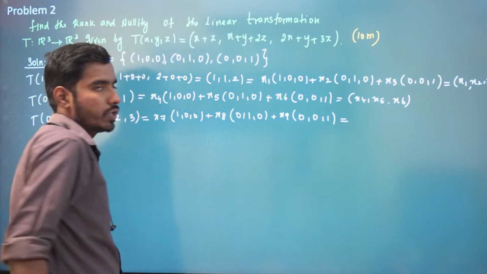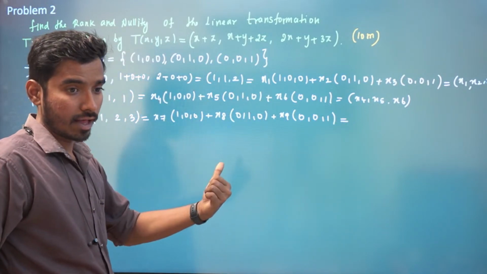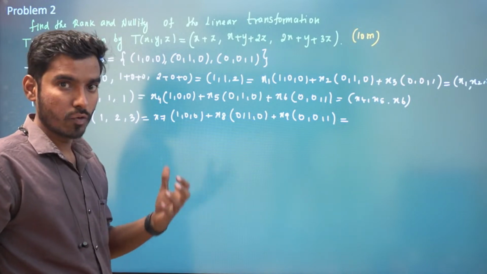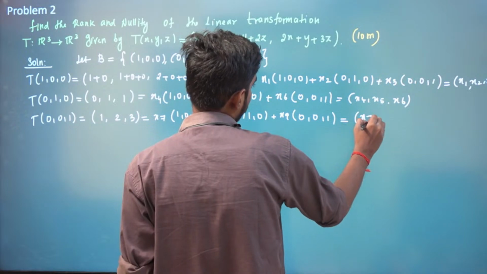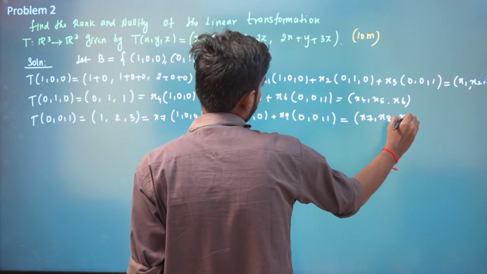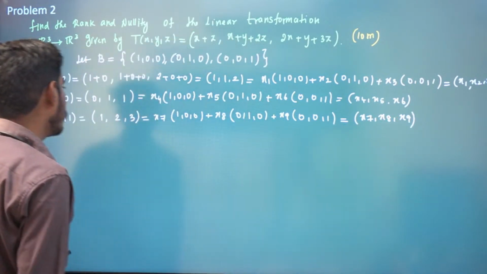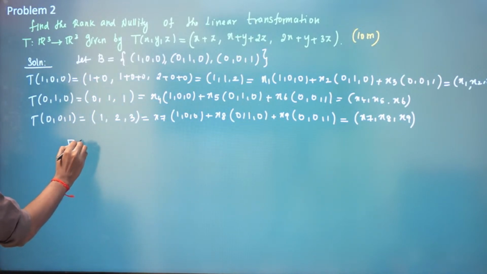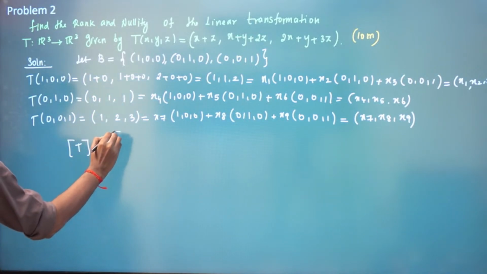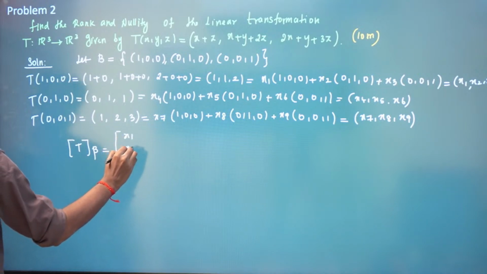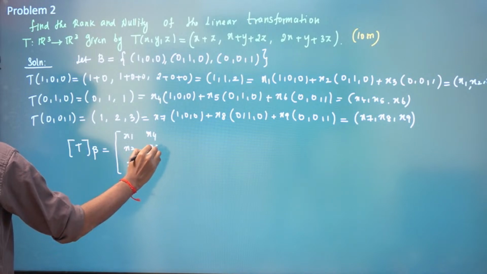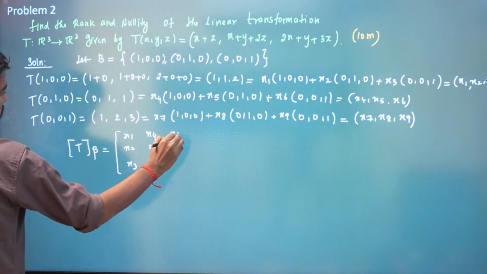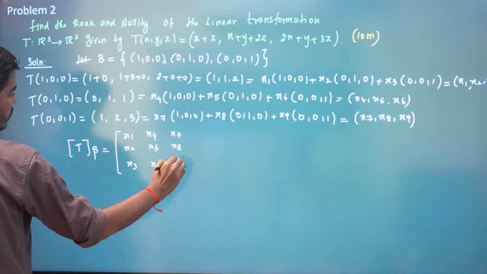So I strongly recommend you to watch the 2024 solution and then the 2023 solutions, because in 2024 I have explained this very deeply. So this turns out to be some x7, x8, x9. So the matrix of T with respect to the basis is given by the unknowns which you need to find: x1, x2, x3, x4, x5, x6, x7, x8, x9.